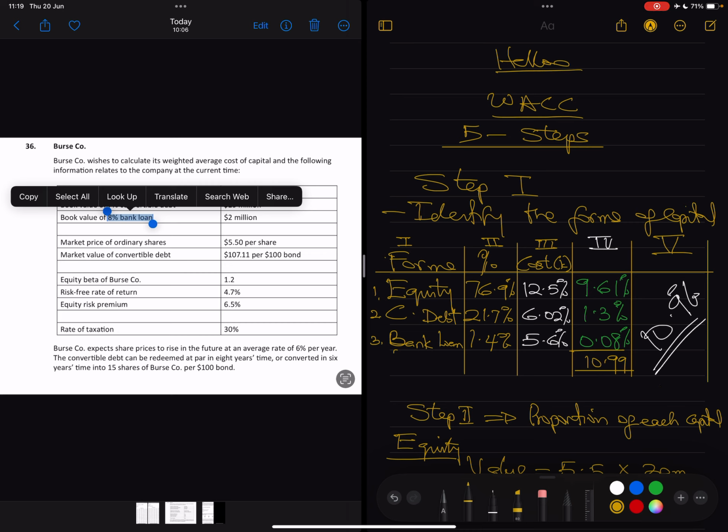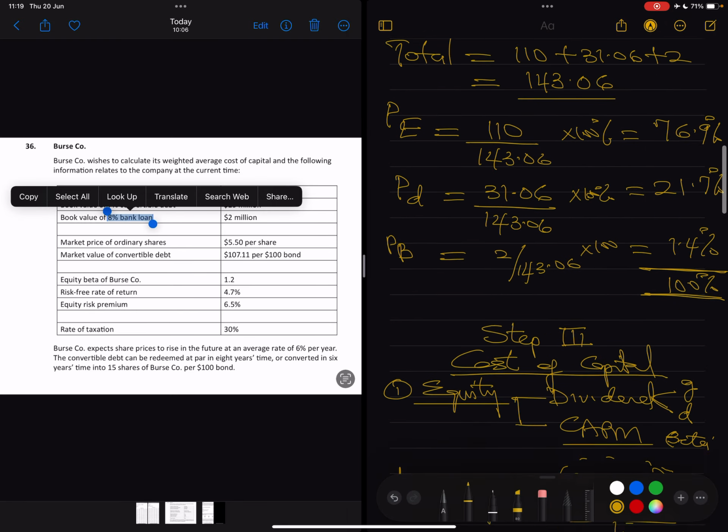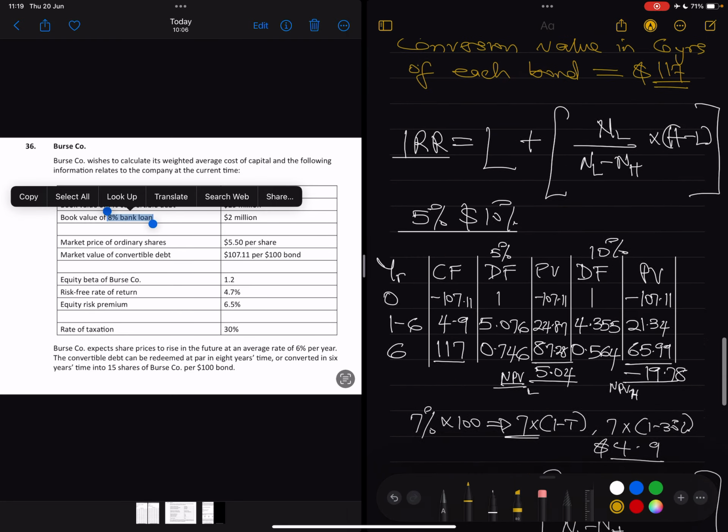But look at how simple we have done it. Quite simplified. Remember, step 1, identify all the forms of capital you have. Calculate their proportions. Calculate their cost of capital. Multiply proportion by the cost of capital, then add together. That is your WACC. It's as simple as that. That is the step that we have followed in each of these.